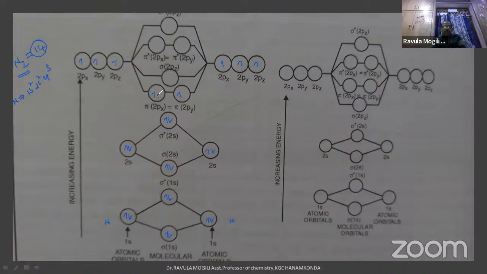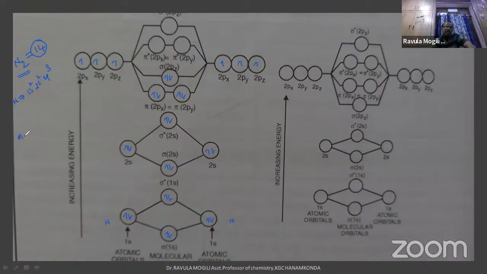Next, 2 more electrons enter this orbital. Totally 6. 4 are filled in pi 2px and pi 2py. The remaining 2 electrons enter the sigma 2pz. This is the nitrogen configuration.